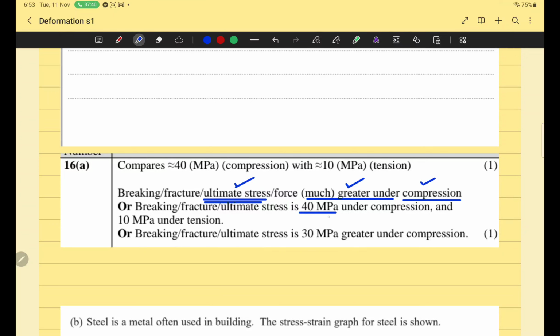Its value is 40 megapascal as compared to tension, which is just 10 megapascal. So this comparison shows that concrete is suitable for compression. 1 mark for values and 1 mark for comparison.